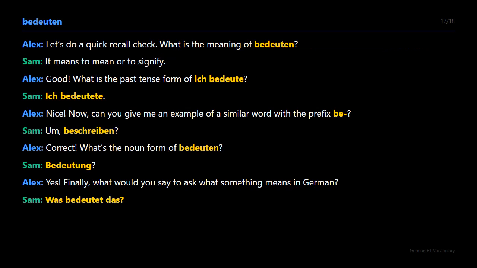Now, can you give me an example of a similar word with the prefix be? Beschreiben. Correct. What's the noun form of bedeuten? Bedeutung. Yes. Finally, what would you say to ask what something means in German? Was bedeutet das?